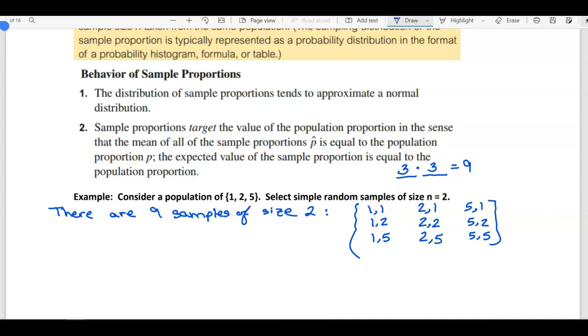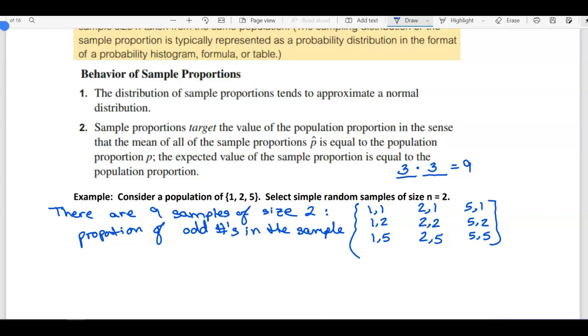So we're going to look at the sample proportion here. And we're going to look at the number of odd numbers. So if we were to look at this population and look at the proportion of odd numbers. So here's our population.